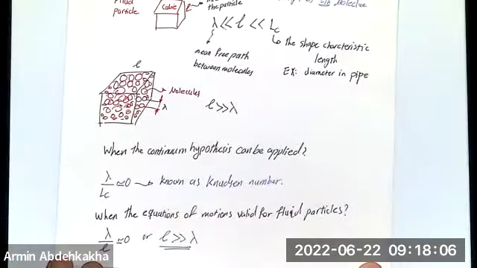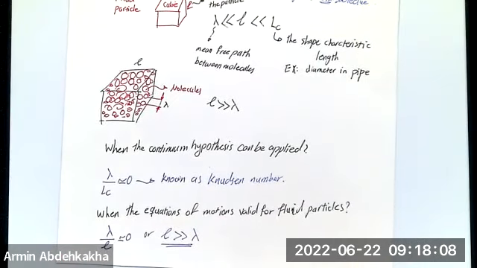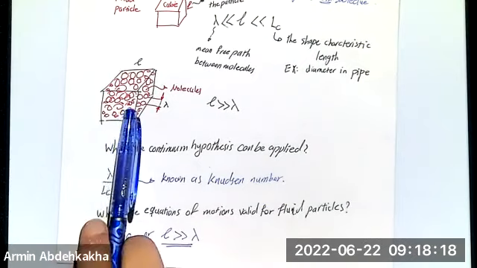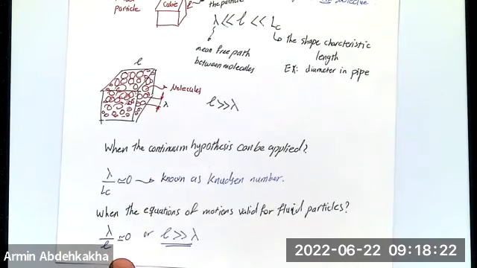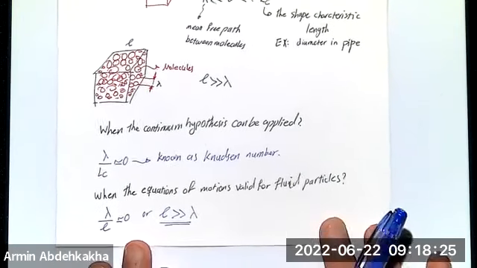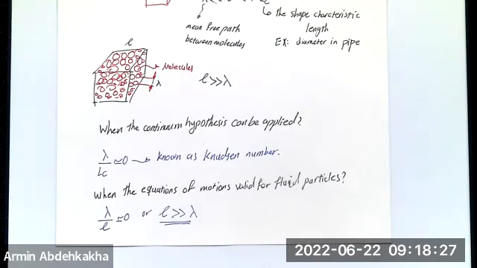Continuum means that the scale sizes are very small, and you can assume there is no change between these two sides of the molecule packs or particles. So you want lambda over L_C, which is known as the Knudsen number, to be almost zero.